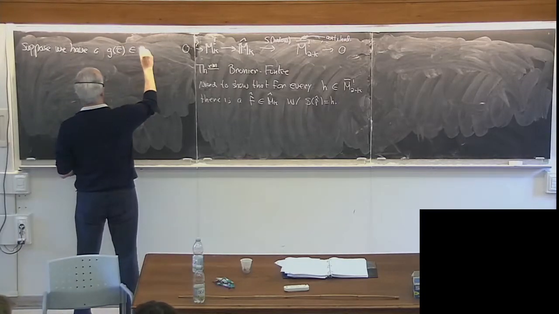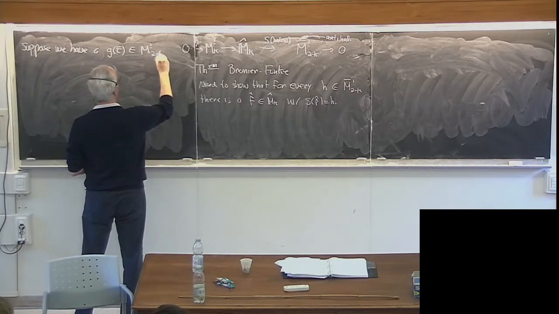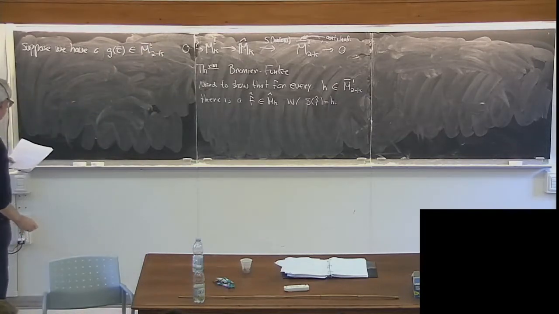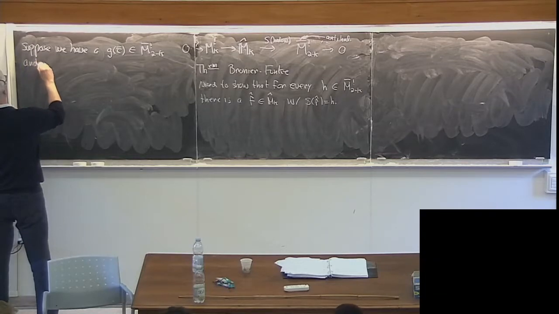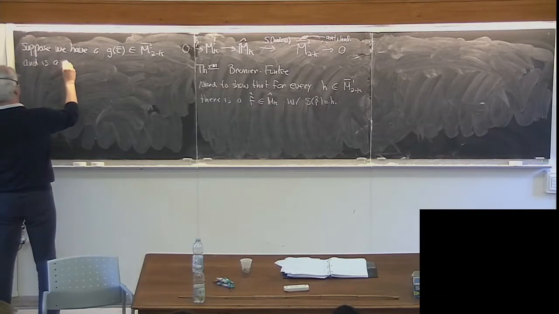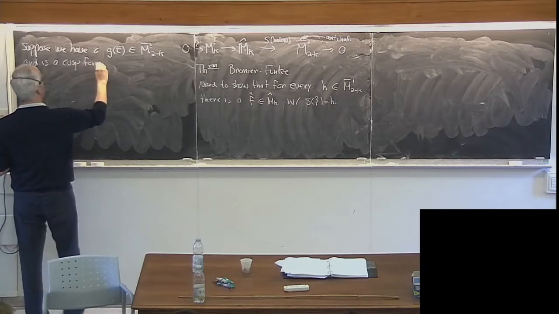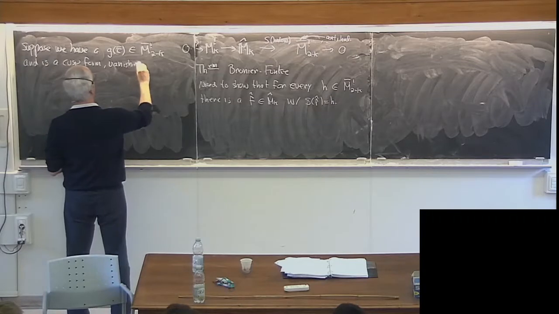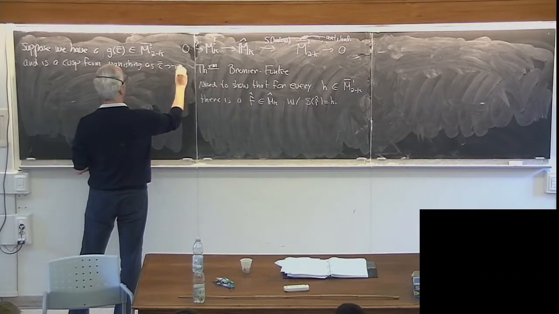So a g of tau bar, which is a weakly holomorphic weight 2 minus k form, and is a cusp form, vanishing as tau bar goes to minus i infinity.